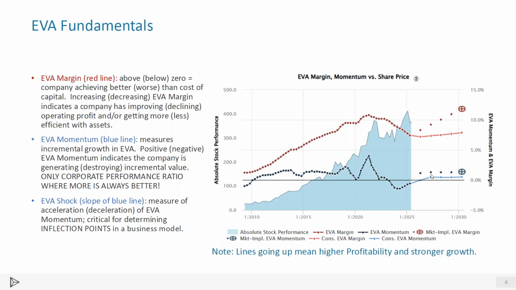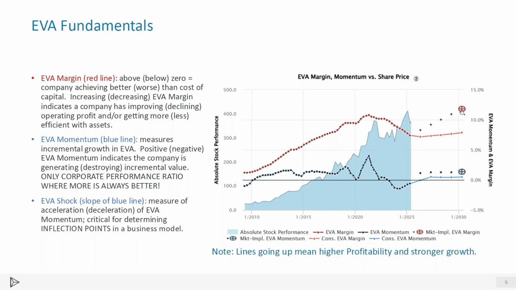We also think about the future from a market-implied margin perspective. Looking at that red crosshair, you can see that's the 5-year window of EVA required to back out today's share price. Those aware of a DCF model, what we're doing is similar kind of maths. Instead of using the free cash flow, we're using the EVA required to back out today's current share price.